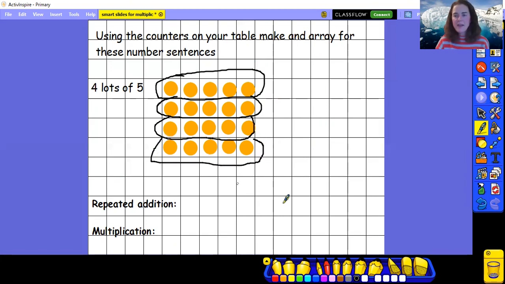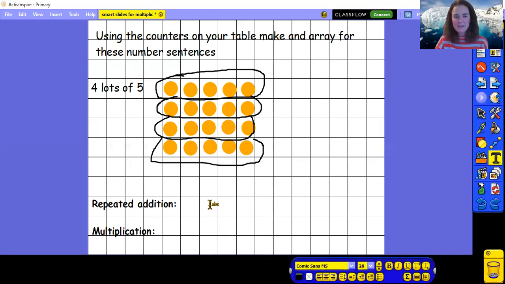If I was going to write that as a repeated addition number sentence, I'm counting in 5s, aren't I? So I would need to go 5, add 5, add 5, add 5 equals. Whoops, that's the wrong symbol. I've got 1 lot of 5, 2 lots of 5, 3 lots of 5, 4 lots of 5.